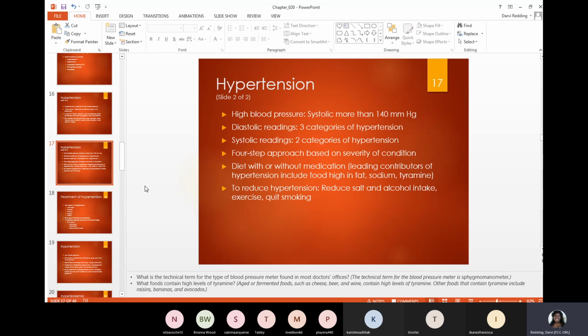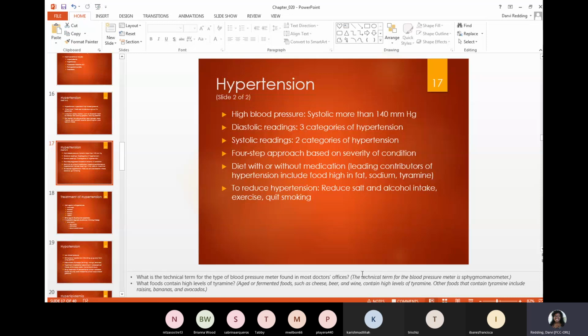And then some ways to reduce hypertension would include reducing salt, because too much sodium is too much salt. So ways to reduce hypertension would be to reduce salt, to reduce their alcohol intake, to exercise, and to also quit smoking if they are smoking.